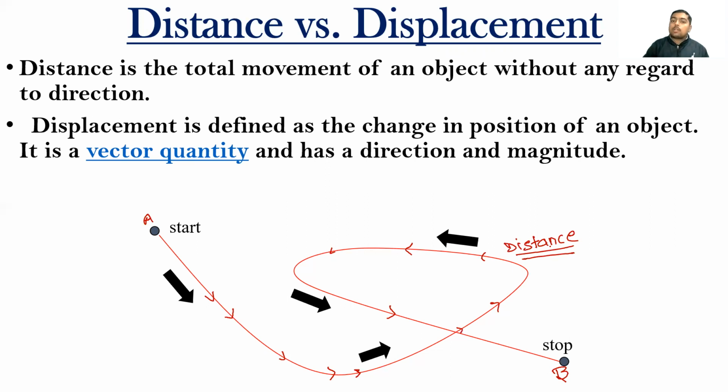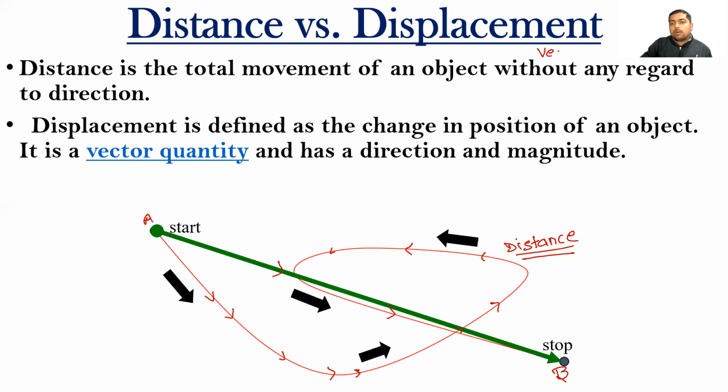But what about displacement? Displacement is shown by this green line. There is a start point A and an end point B, and the shortest distance between the start point and end point is called displacement. It has a direction, that's why displacement is a vector quantity.